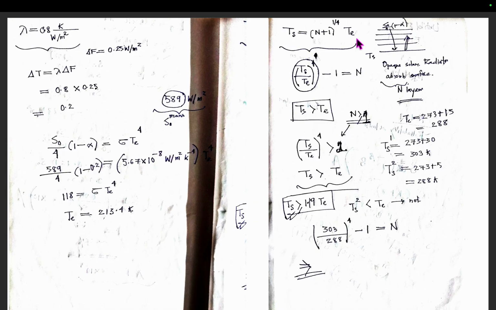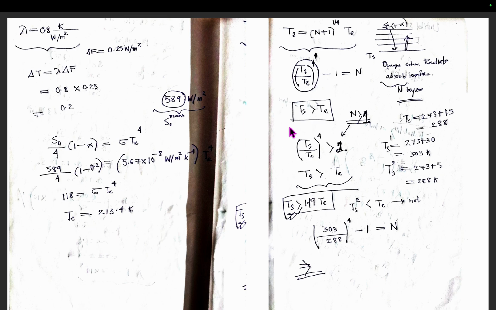So one can write the value of n: (Ts by Te) to the power 4 is equal to n plus 1. So (Ts by Te) to the power 4 minus 1 is equal to n. This formula comes.